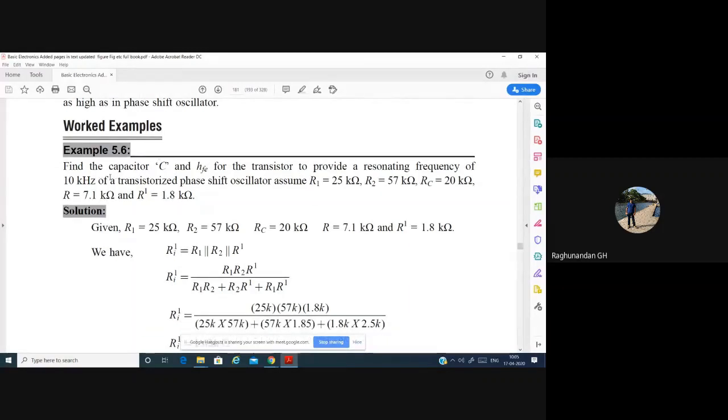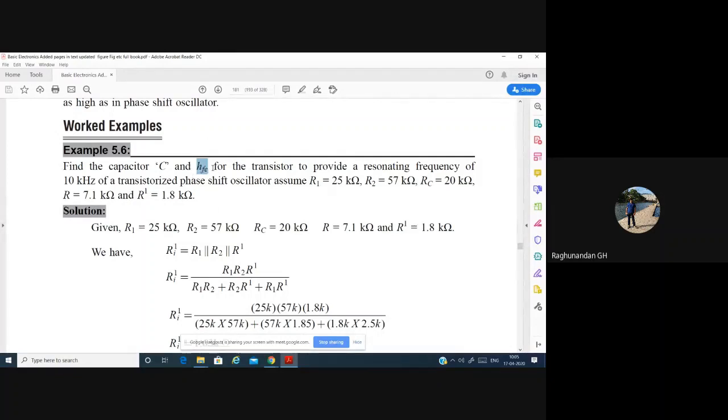Now coming to this: find the capacitor C and HFE for the transistor to provide a resonating frequency of 10 kilohertz of a transistor as phase shift oscillator. Assume R1, R2, RC. They have given the R value and the R dash value. HFE means, don't get confused, HFE is nothing but beta. Beta means current gain.